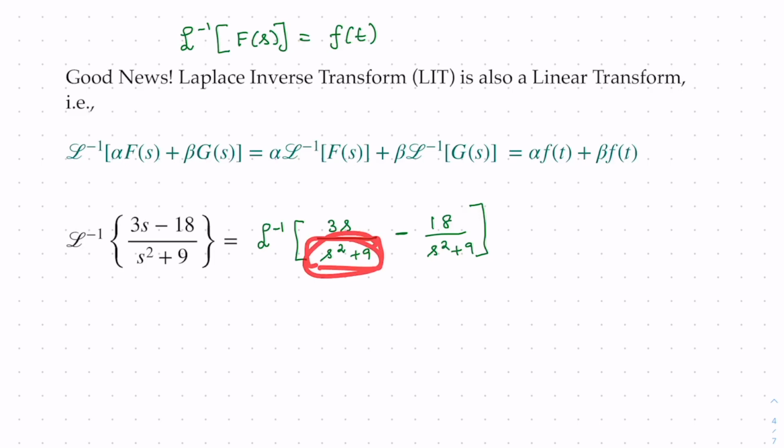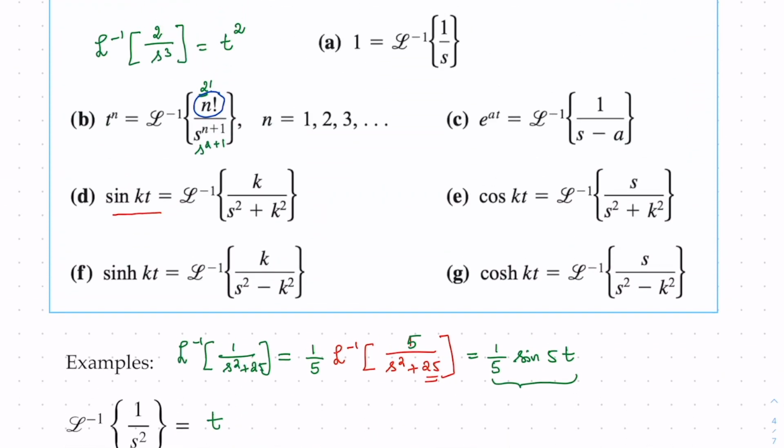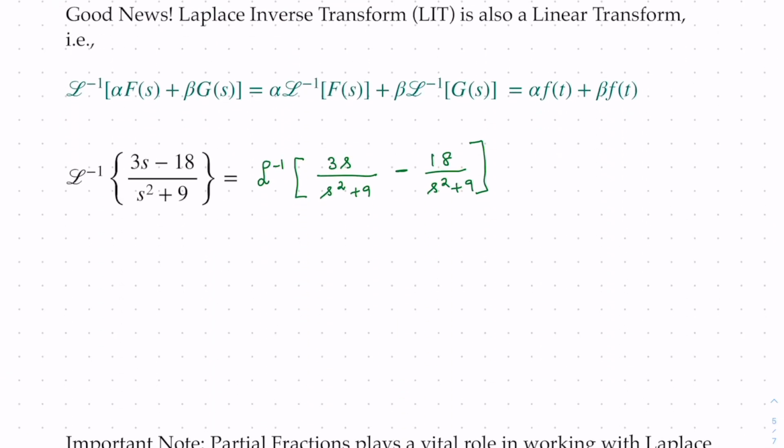In the first one I have an s, in the second one I have a constant, right? Since it's a plus in the denominator, it's going to be either sine kt or cosine kt. The first one I have the s, so it's going to be cosine. The second one I have a constant, so it's going to be the sine, right? So that's the formula right there. So let's see how we do that.